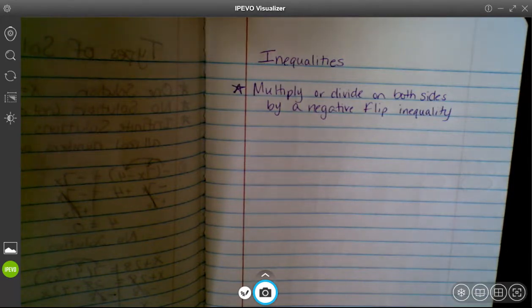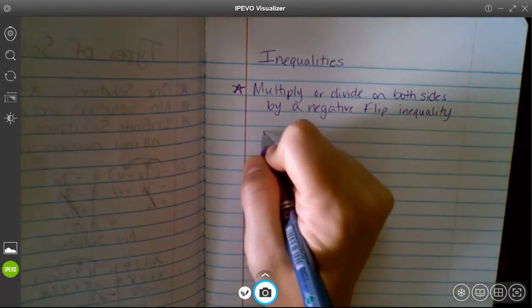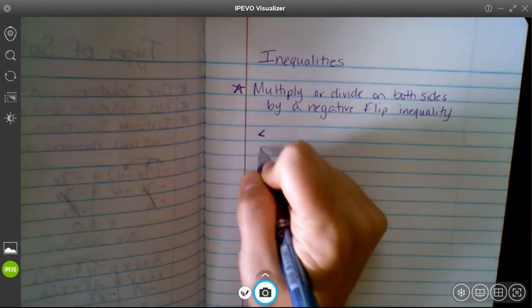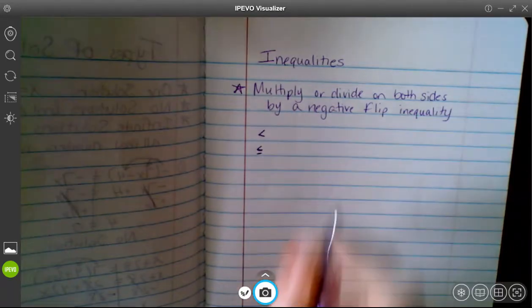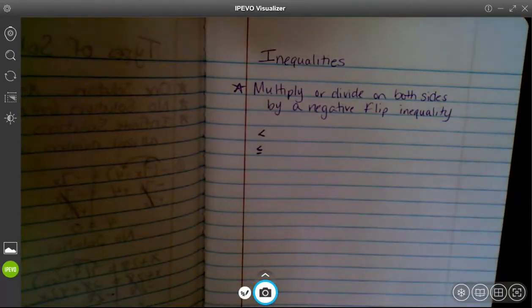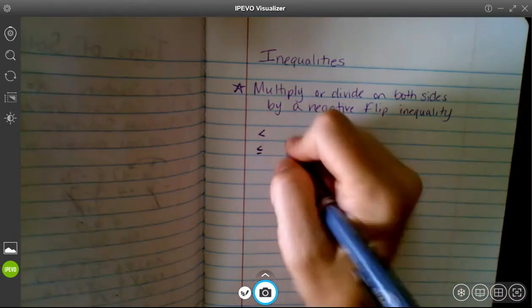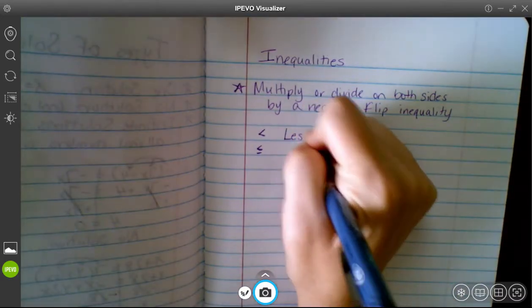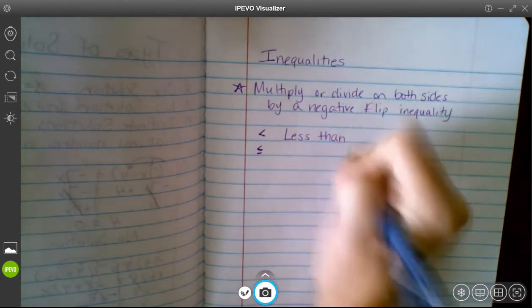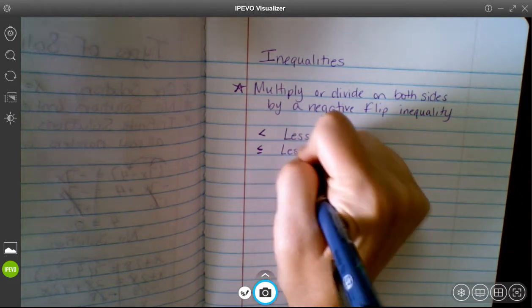So the other piece is we're going to talk about open circles and closed circles. So we have these two inequalities, and I kind of like to think about it as, hey, they look like my left hand, so they're less than. So this is less than, and this one's less than.